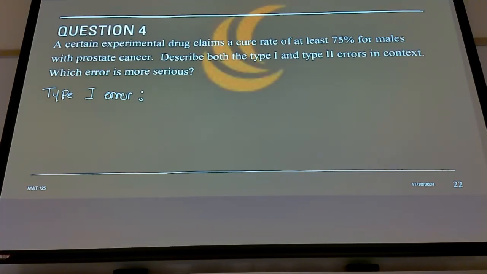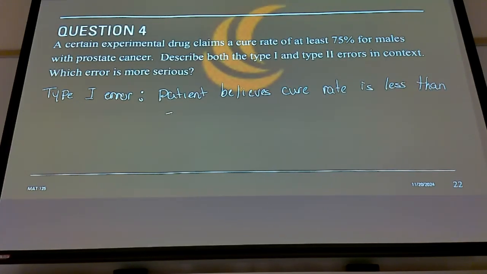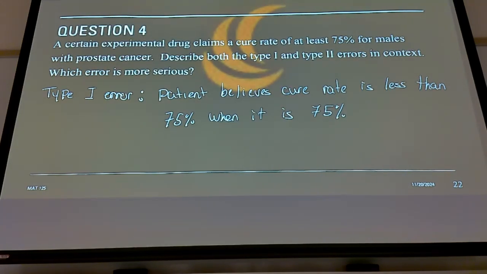Rejecting H naught. H naught is at least 75%, so 75 or larger.